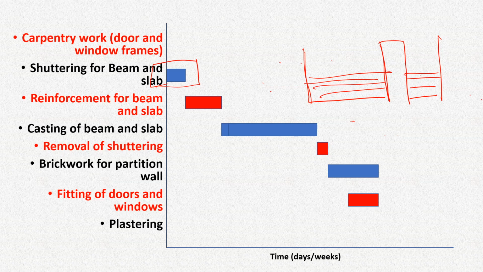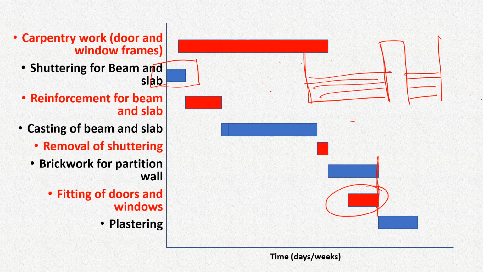So this fitting of doors and windows will have to be completed along with the brickwork part, and after that we'll go for plastering. So the carpentry work will have to complete right before we start our brickwork. So this is the maximum time by which these door and window frames will have to be ready.